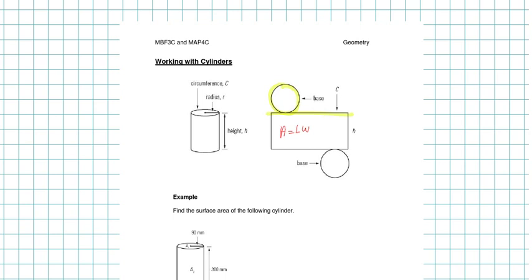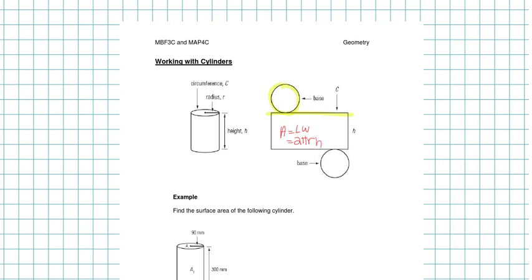That's why on your formula sheet, for a cylinder, the lateral surface area is 2 pi r times h. The circumference of the circle is 2 times pi times the radius, and my width here is h, so that's why it's 2 pi r h.